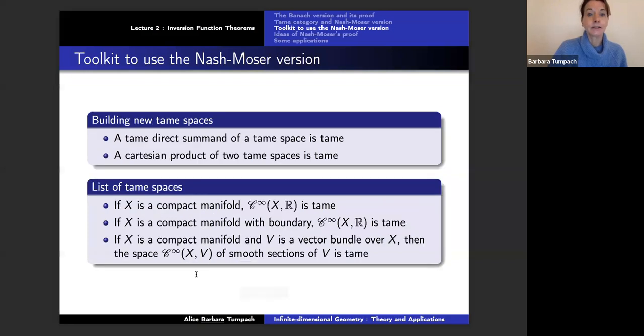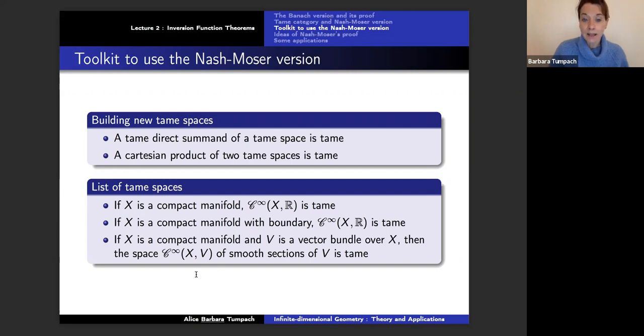And now we can build new Tame spaces using spaces that we know are Tame. So the Tame direct summand of a Tame space is Tame. The Cartesian product of two Tame spaces is Tame. And I'll give a list of Tame spaces, so we can then build other Tame spaces using this list.